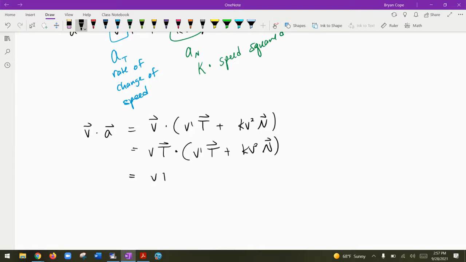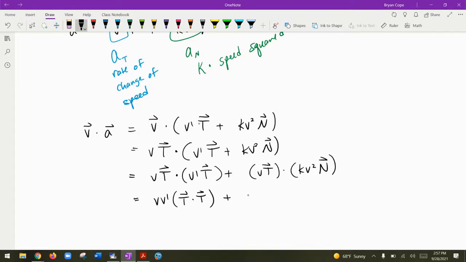That is VT dotted with V prime T plus VT dotted with KV squared N, which is V prime times T dot T plus KV cubed times T dot N. Just rearranging terms there.